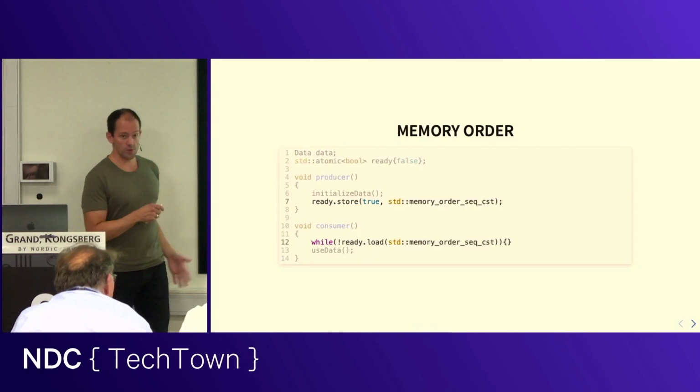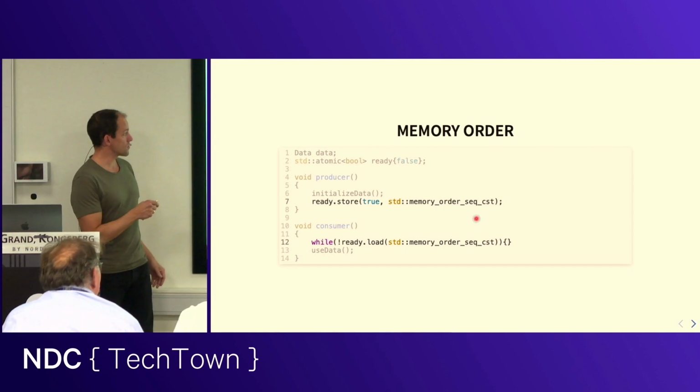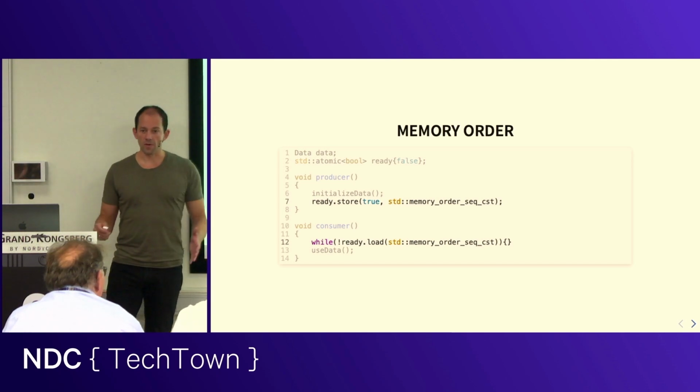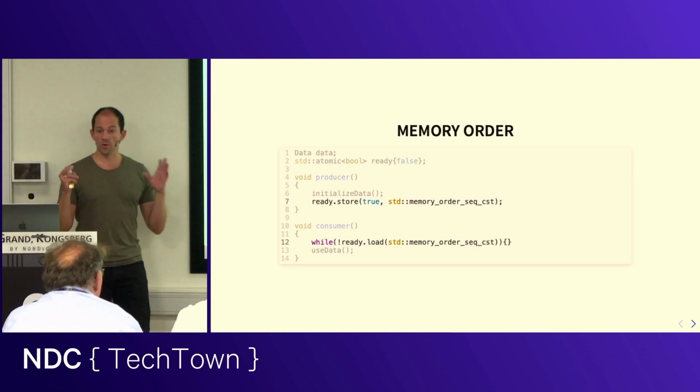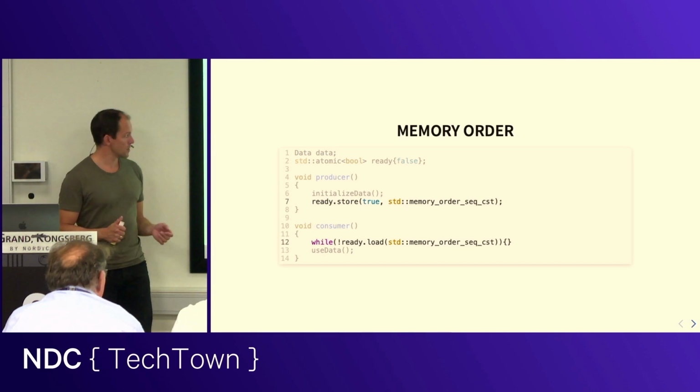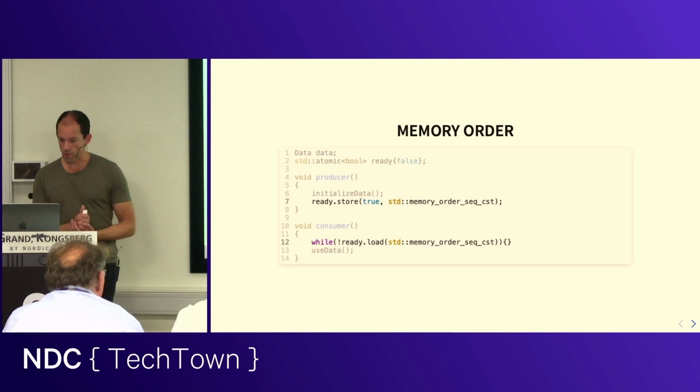Equals true means ready.store(true) with memory_order_seq_cst, which we'll get back to. And then while not ready, it's actually while not ready.load with memory_order_seq_cst. So there's a memory order you can give to your stores and loads, and if you don't specify anything, sequentially consistent is the type of ordering that you get. And there are others that we will also look into.